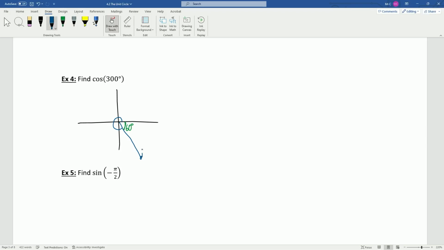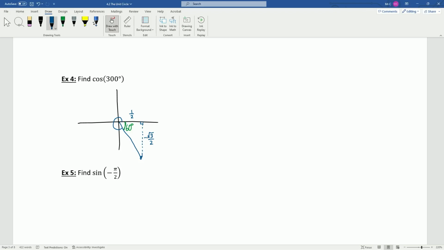So if I draw my triangle with the x-axis, right? I take my point and I draw up to the x-axis. And I look at this triangle, my reference angle is 60 degrees, and I know that across from 60 degrees, I have to get the square root of 3 over 2. And I know that my other side always has to be 1/2.